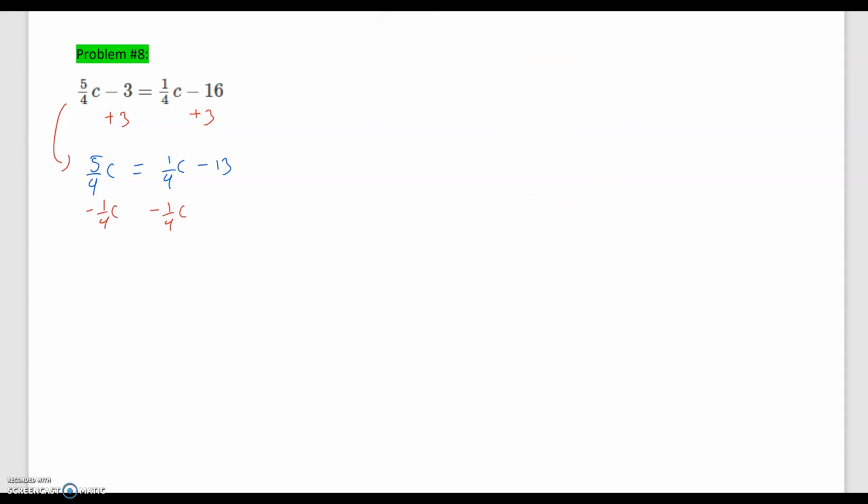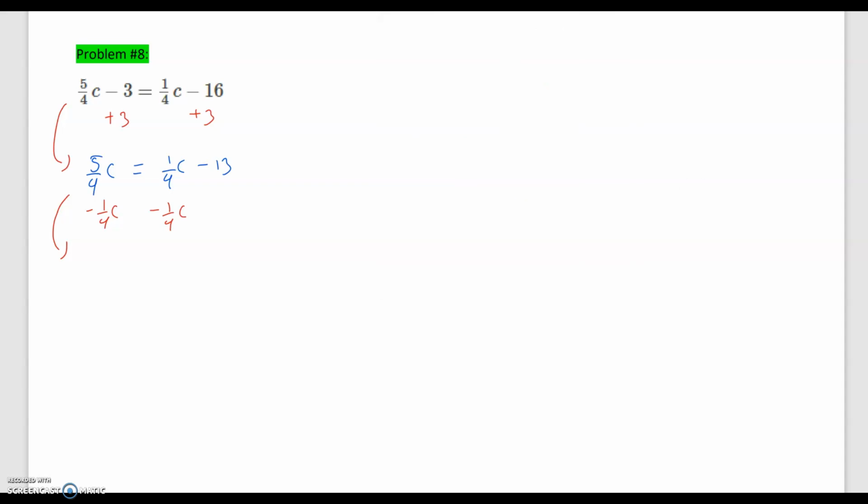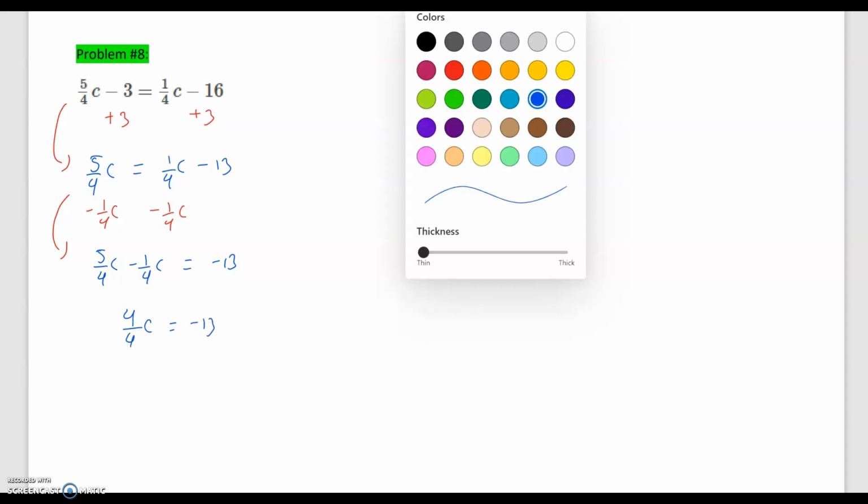After we carry out the subtraction, let me rewrite it so that it's clear: 5/4 c minus 1/4 c is equal to negative 13. Well, 5 minus 1 is equal to 4. So you're looking at 4/4 c is equal to negative 13.